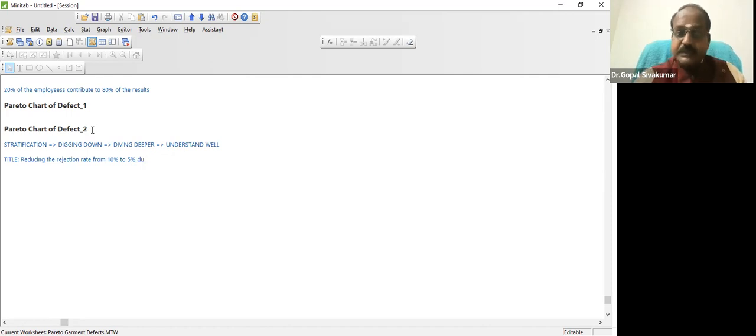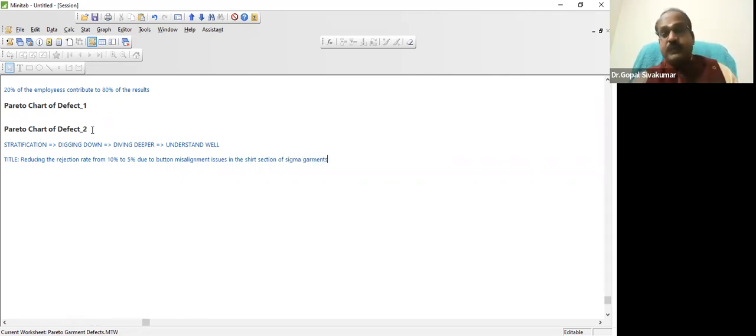Reducing the rejection rate due to button misalignment issues in the shirt section of Sigma Garments. All of you, do you now understand the project? Project title is now given, an attractive title. Can you all see that?